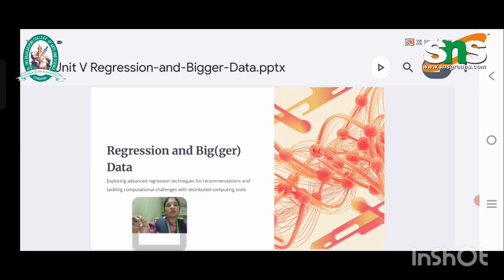This is the most common approach we will use widely. The next one is multiple linear regression, which uses multiple independent variables to predict the target value. The next one is polynomial regression, an approach for a non-linear relationship between dependent and independent variables.